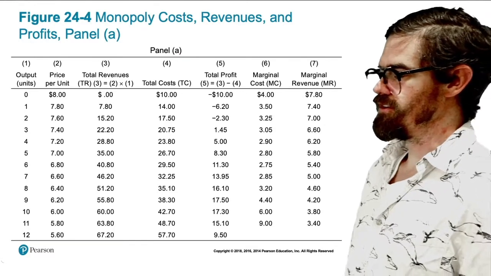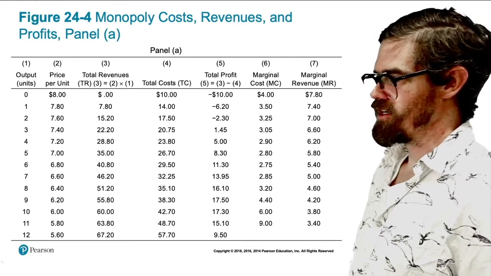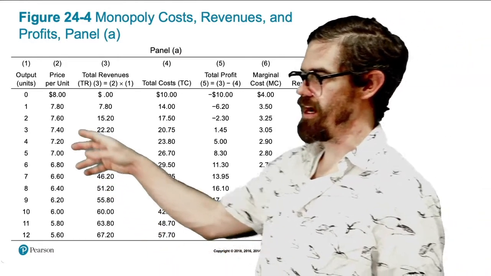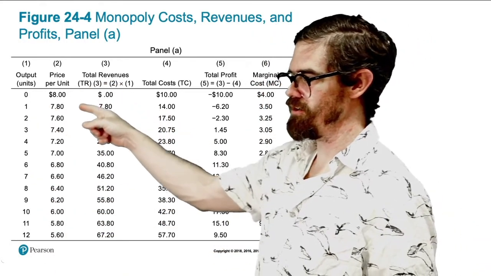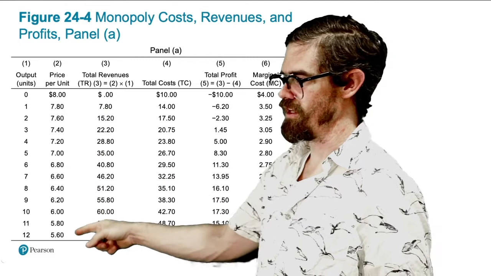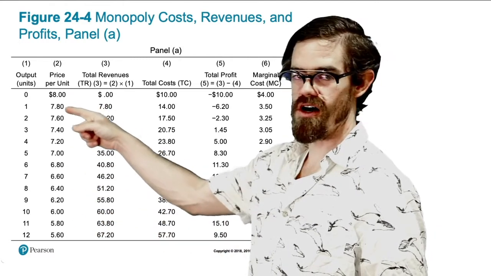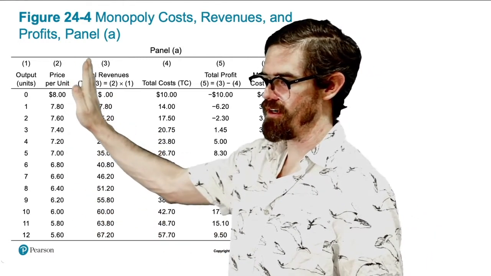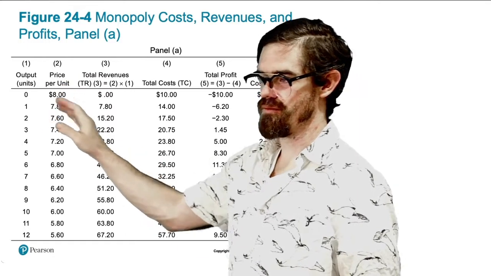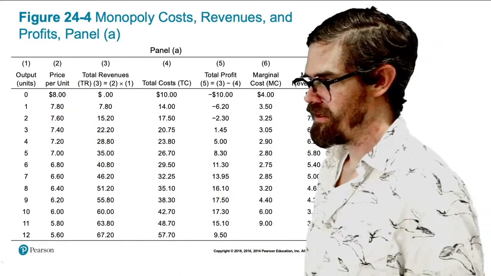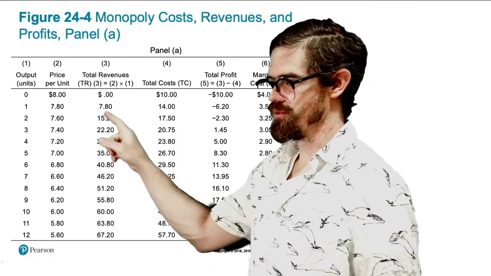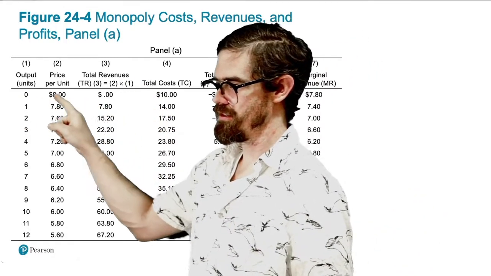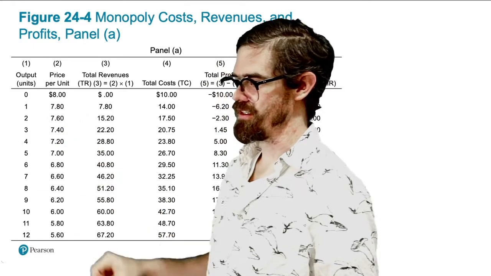Okay, so looking at some information on a table here, we've got output in the leftmost column. We've got price per unit. Now, of course, there's an inverse relationship here because of the law of demand. So basically what we have here in the first two columns is a demand schedule. And then in the third column, we have total revenues, which is just the product of multiplying these two things together.